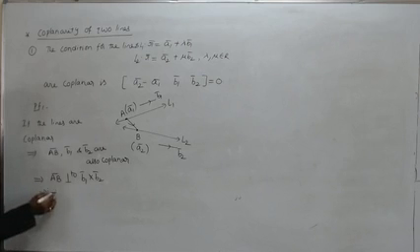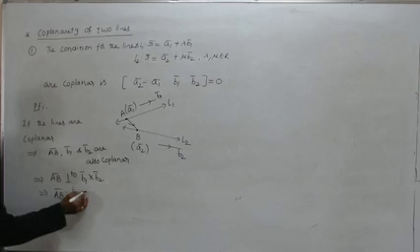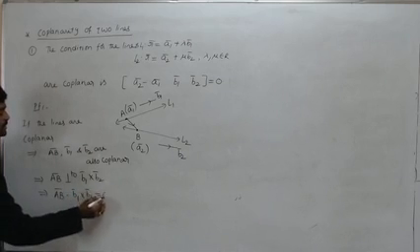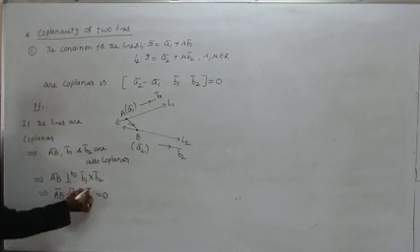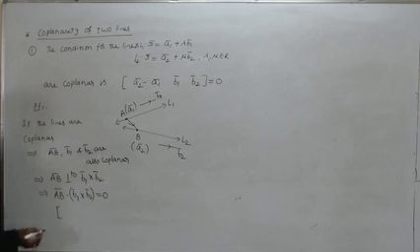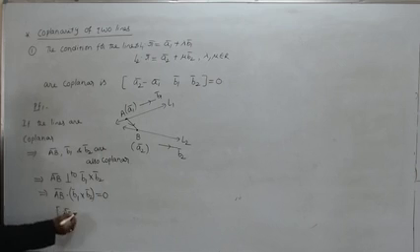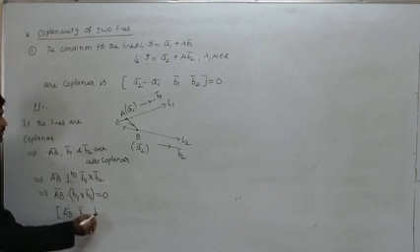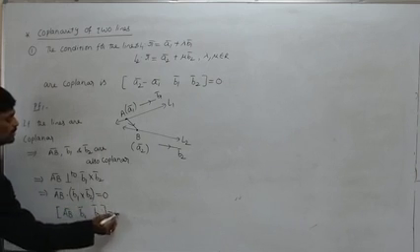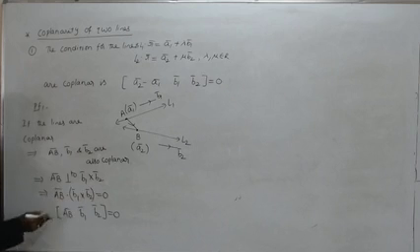Then this implies that their dot product is 0. AB bar dot b1 bar cross b2 bar is equal to 0. This is nothing but the scalar triple product only. So it can also be written as box product of AB bar, b1 bar, b2 bar is equal to 0.